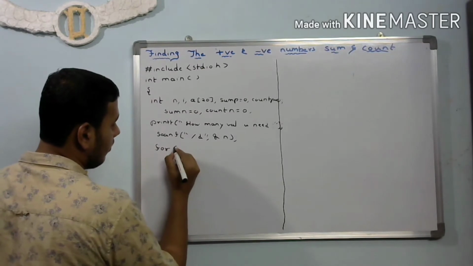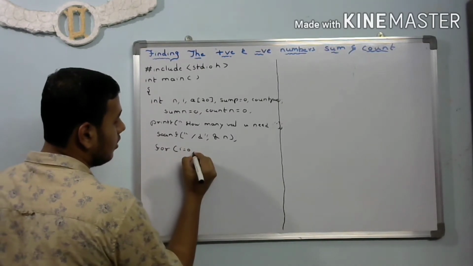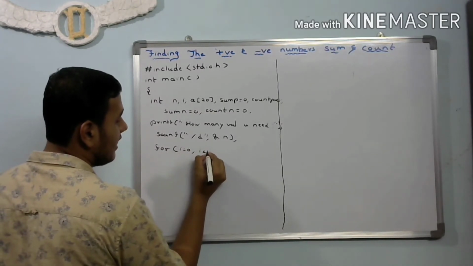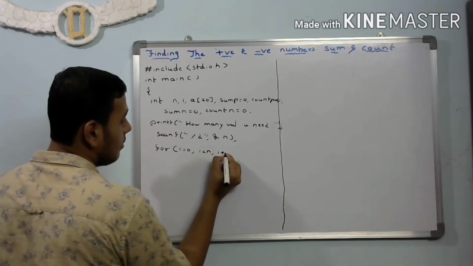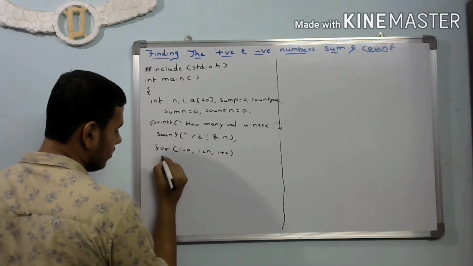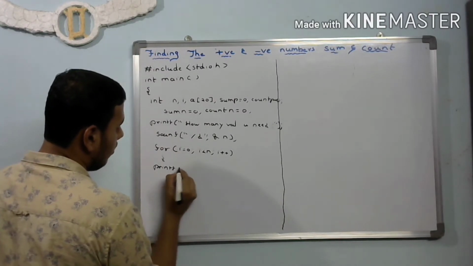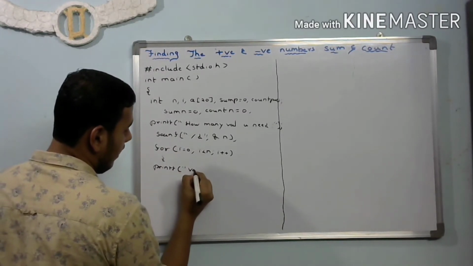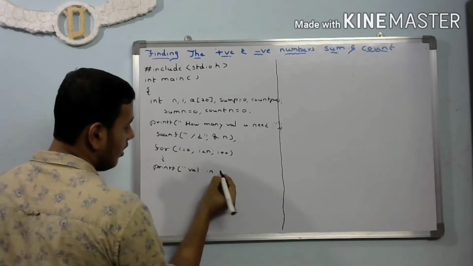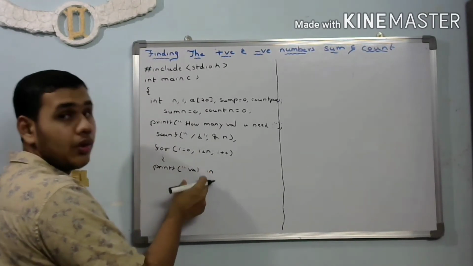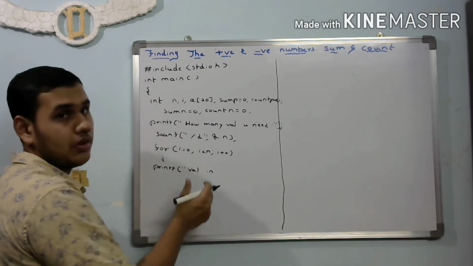For i is equal to 0, i less than n, i plus plus, here printf: enter positive and negative numbers.